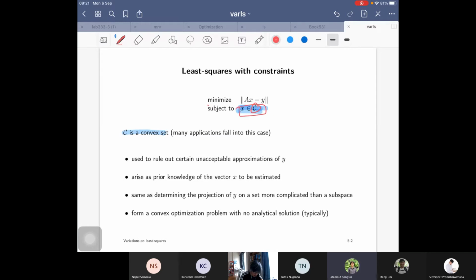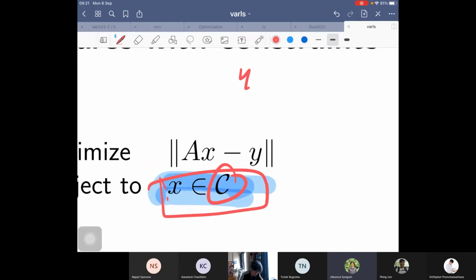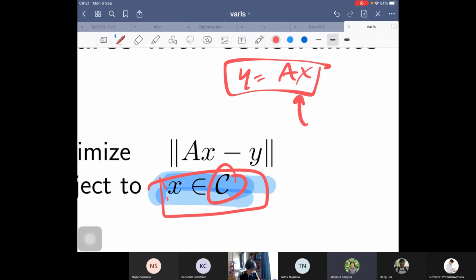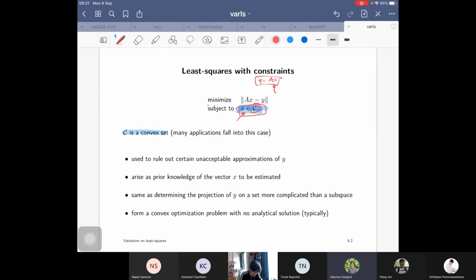So why do we impose the constraint that x belongs to the set C? Because sometimes the reason why you use the linear model is based on some assumption or approximation, and in order for the justification of the linear model to be valid, you also would like to restrict x to some feasible set.